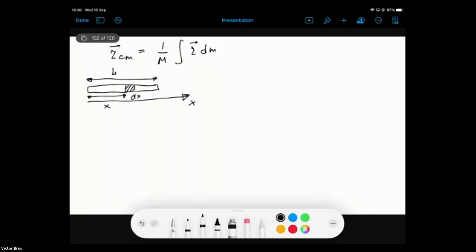And we need to split this rod into many such small pieces and integrate according to the previously considered equation. So we also need to know the linear distribution of its linear density. It's like kilos per meter. So it is considered to be constant. So it doesn't depend on x for this first case.